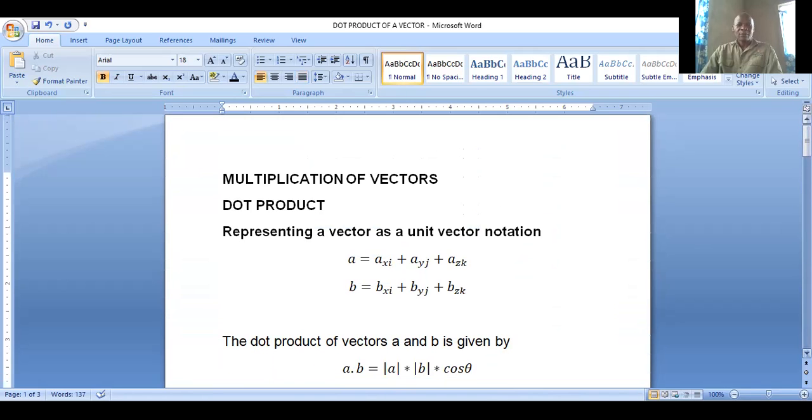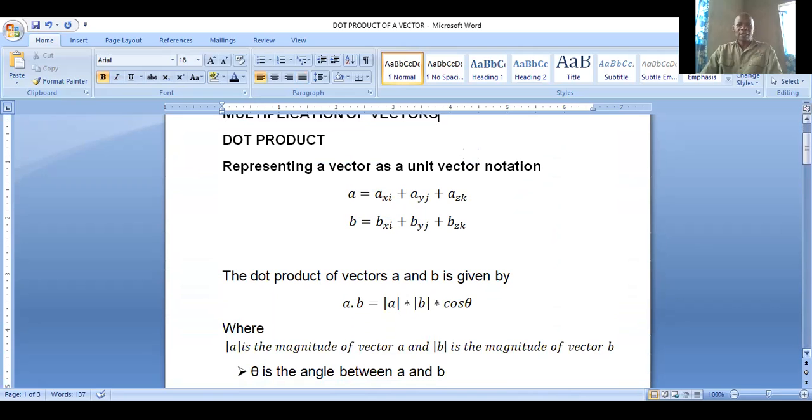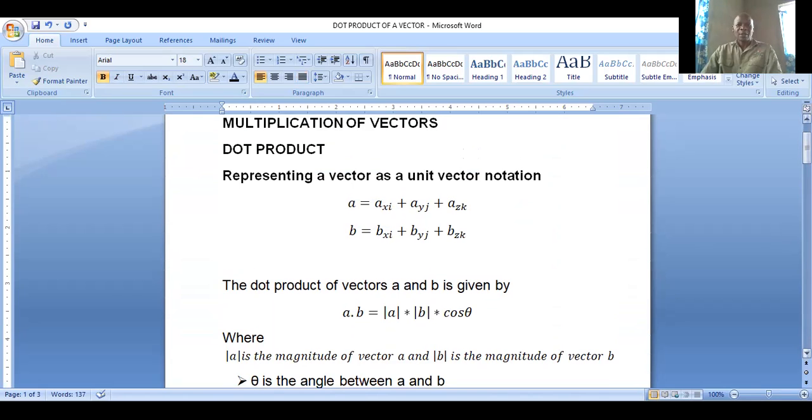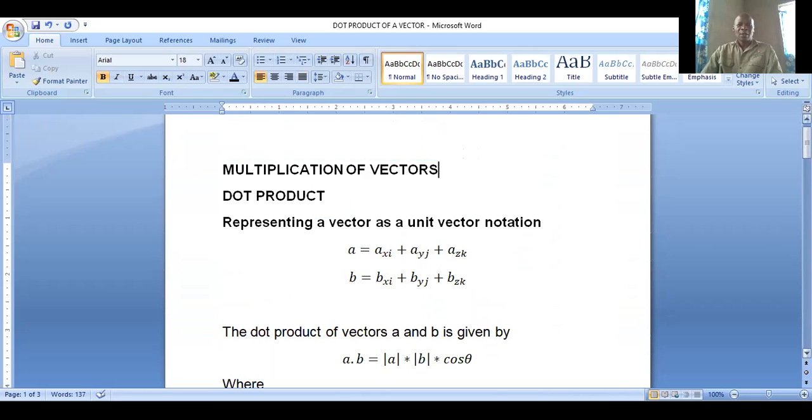I hope you have understood the concepts and that when you will be solving complex problems, it will be very easy for you because you would have developed the concepts on how you can use the dot product to solve problems in physics.